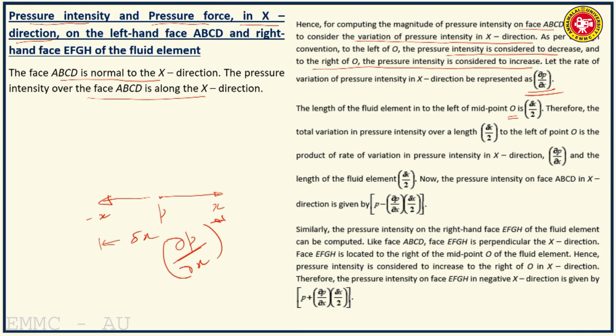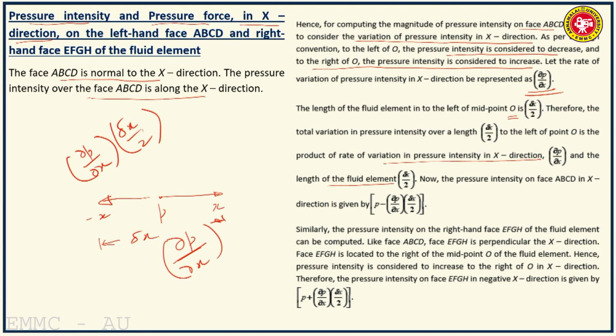Therefore, the total variation in pressure intensity over the length delta x by 2 to the left of the point O is the product of the rate of variation in pressure intensity in the x direction and the length of the fluid element. So the variation is dou P over dou x multiplied by delta x by 2, which is the total variation in pressure intensity.